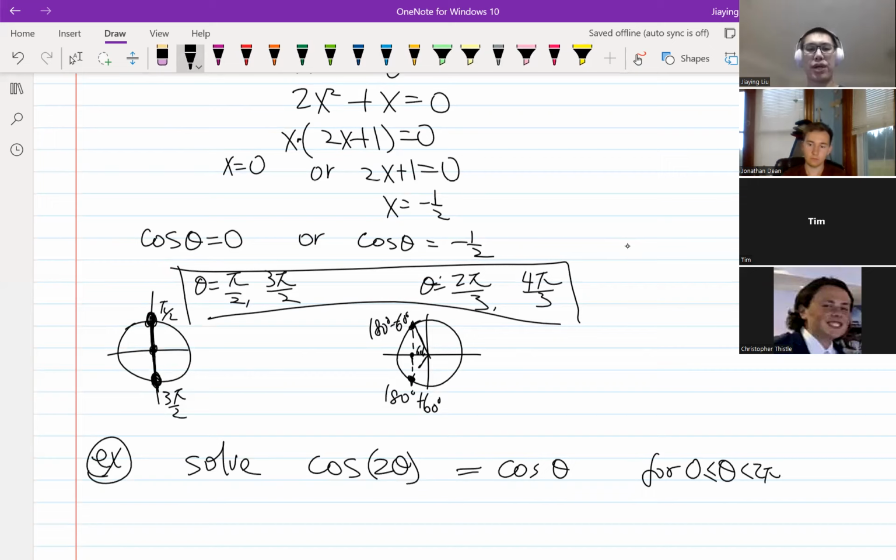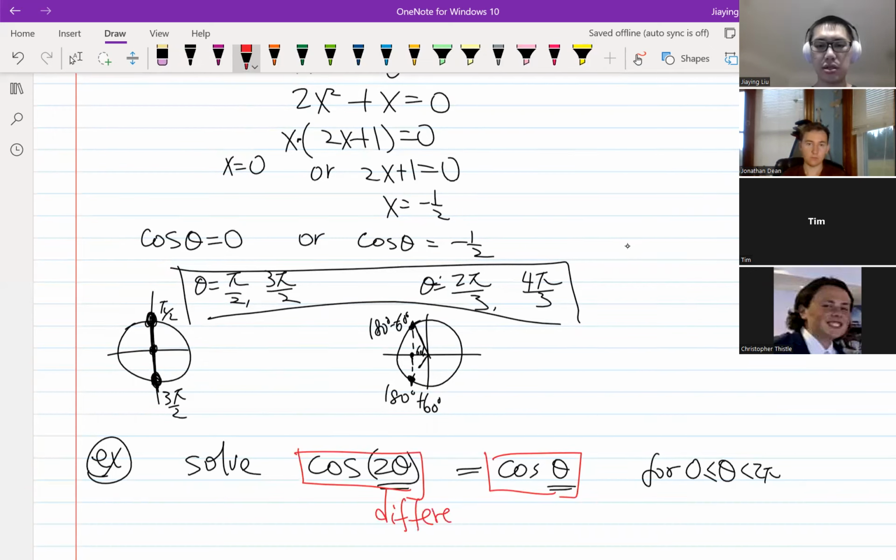Okay, so how do we solve this? We got cosine 2 theta on one side, and cosine theta on the other side. Even though they both say cosine, they're different because one is theta, one is 2 theta. You have to think about them as different variables. It's kind of like if you have x on one side, but instead of x squared, you actually have y on the other side.